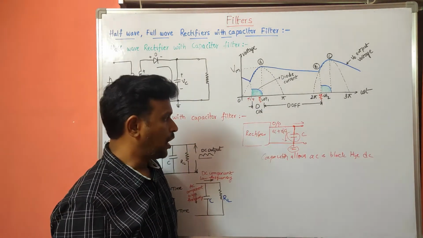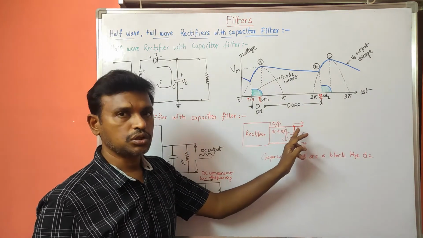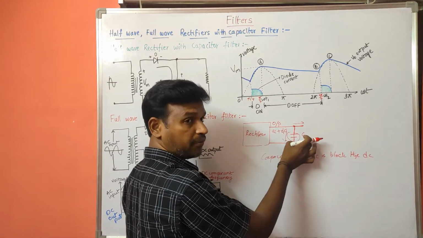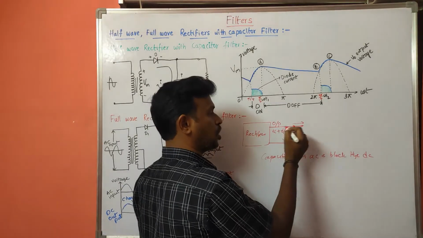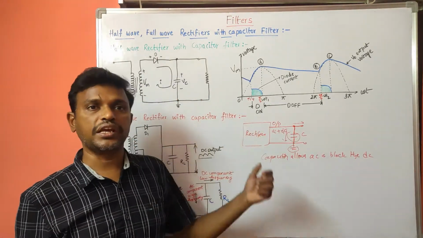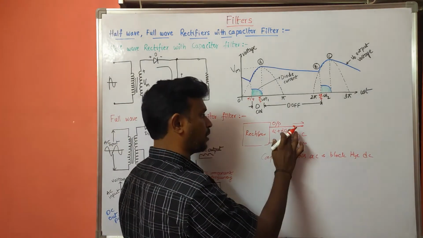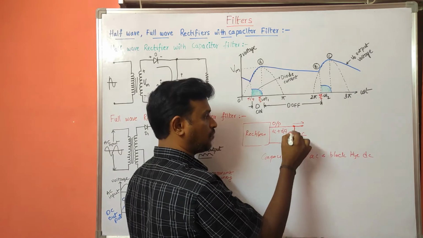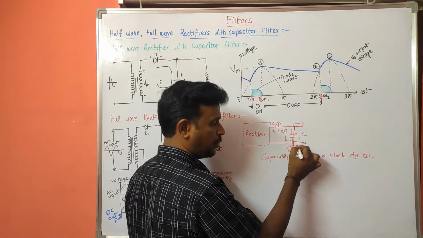Okay, because of this condition only, if you connect in series there will be a problem, because it allows the AC current. If we connect in series, the output will get only the AC component. It blocks the DC. But if you connect like this, whatever AC is obtained here will pass through the capacitor because it allows the AC, and it is grounded here.